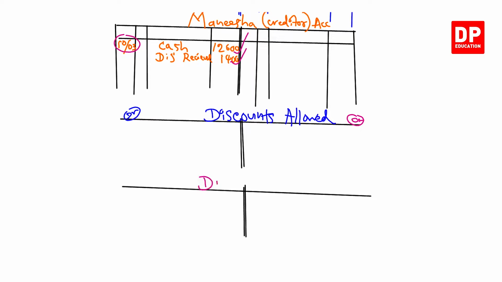This is the discounts received account, debit and credit.